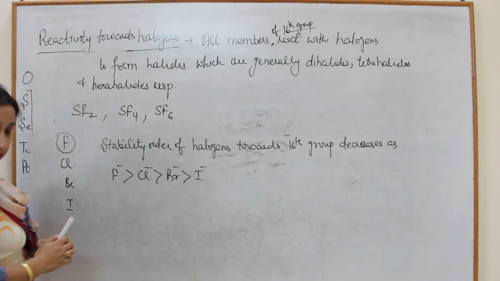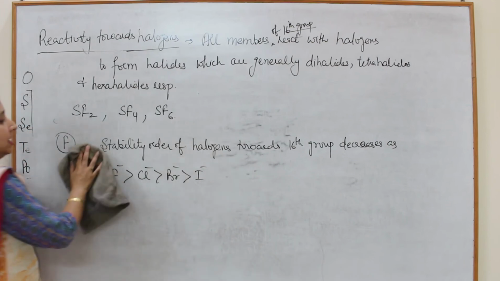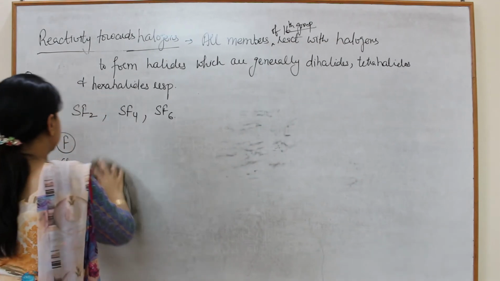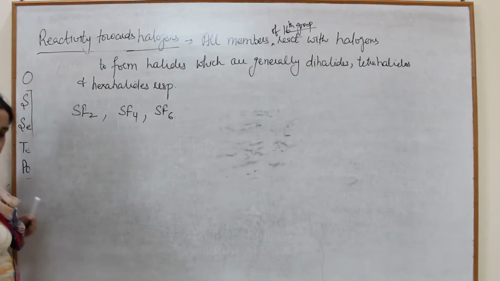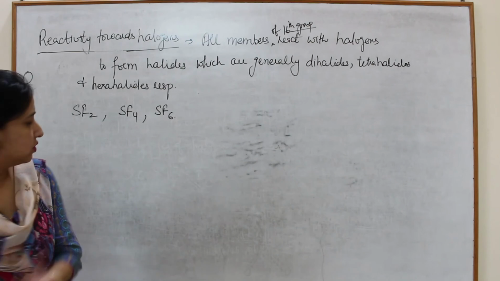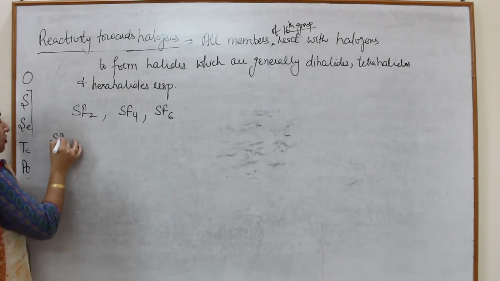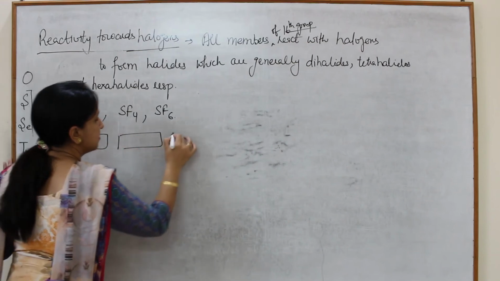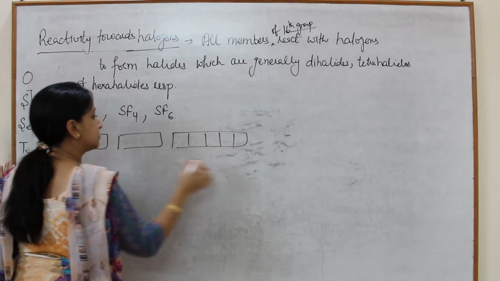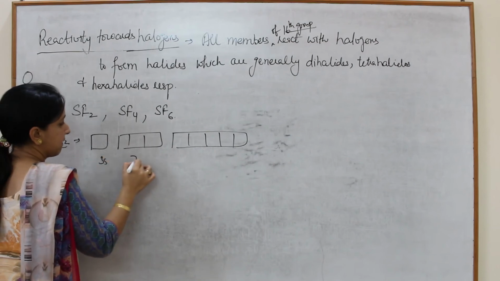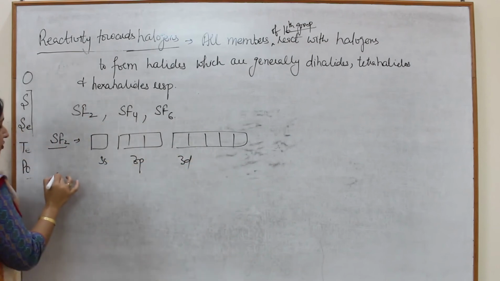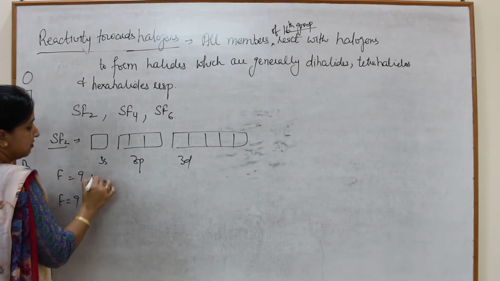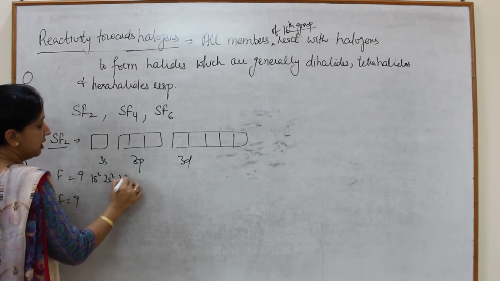So first we will discuss dihalide. You can take example SF2 or SCl2. For example, if we are taking the example of SF2, again sulfur 3s2 3p4, and fluorine. Fluorine has atomic number 9, so it will have configuration 1s2 2s2 2p5.